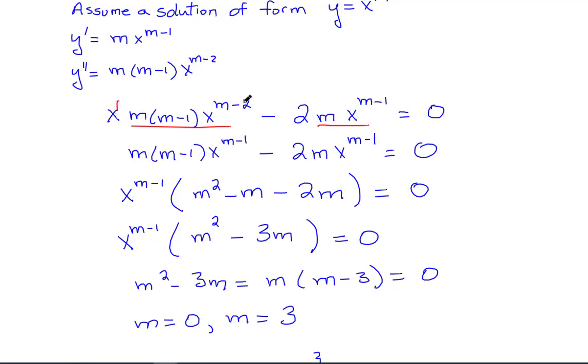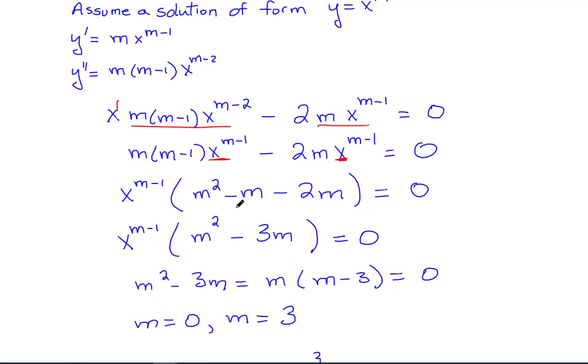So 1 added to m minus 2, and I get x to the m minus 1. Now if you notice, that term is in common to both pieces here. So factor it out, and I'm left with m squared minus m minus 2m is 0.